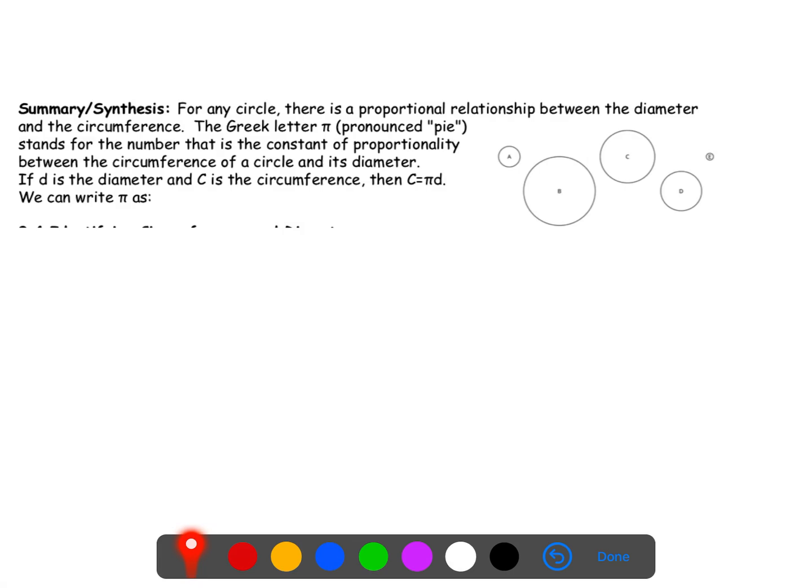Now, here's the cool part. So remember, for proportional relationships, our equation that we were always trying to model was y equals k times x. Our x and y values were often in a table or on a graph, and this k, this constant of proportionality, was how it was changing. Now look at this. It says if d is the diameter of the circle and c is the circumference, then we can use this equation to solve.